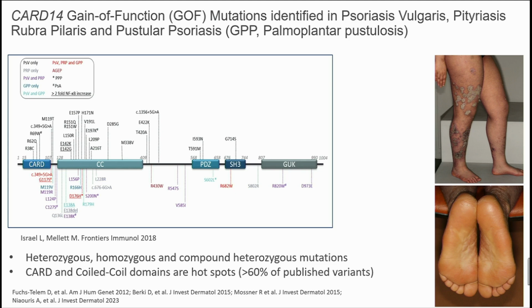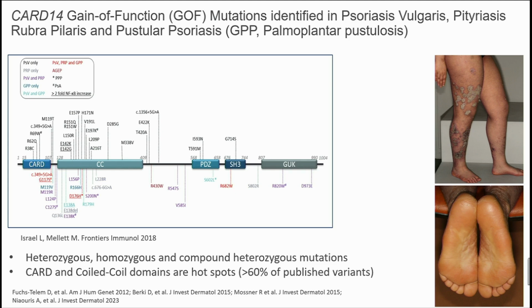Since then, a lot of heterozygous, more seldom homozygous or compound heterozygous, gain-of-function mutations of a gene named CARD14, caspase-associated recruitment domain 14, have been evidenced by several labs.